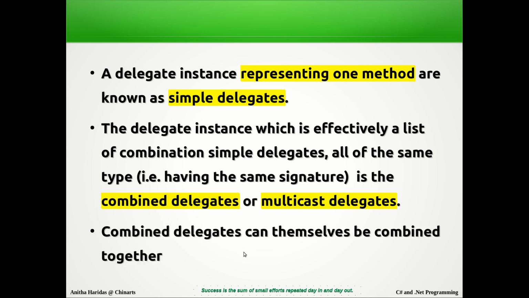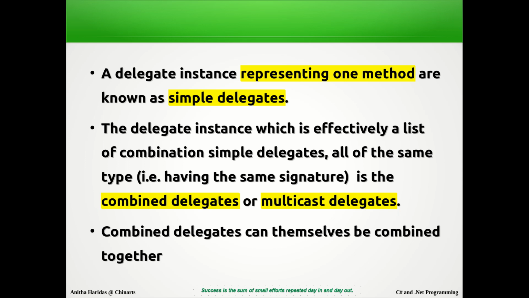The combined delegates can themselves be combined together. So if you have a combined delegate which is pointing to two methods, that can be combined to another delegate again. That is also possible. So a combined delegate can also be combined together.